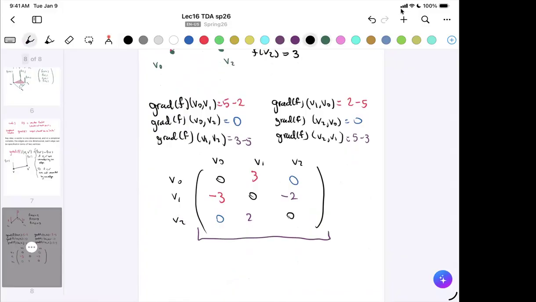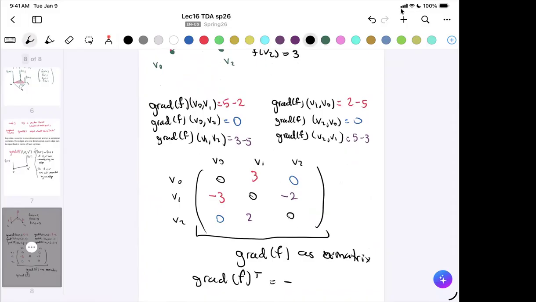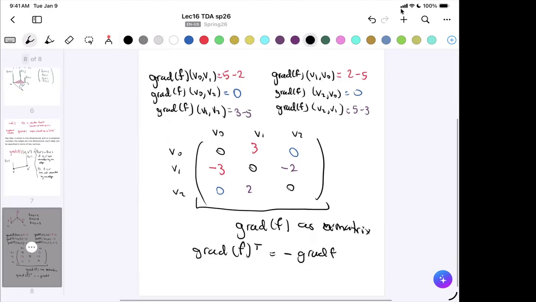So if you call this the gradient matrix, it satisfies that its transpose is minus the matrix. And those matrices in linear algebra are called skew symmetric. And if you remember, it's not too hard to show in linear algebra that if you have a skew symmetric matrix, the diagonal entries are always 0.